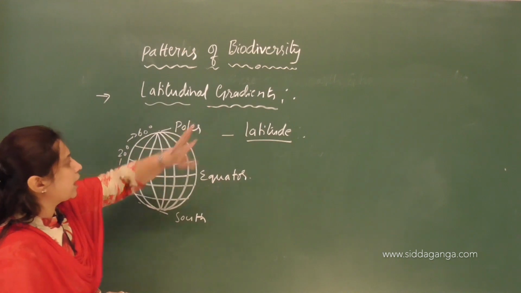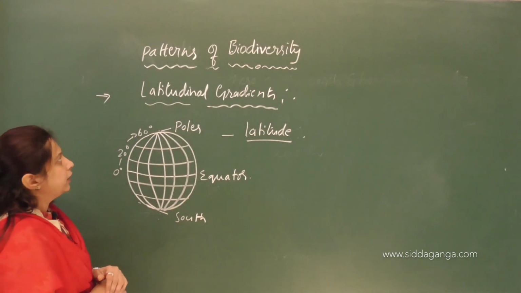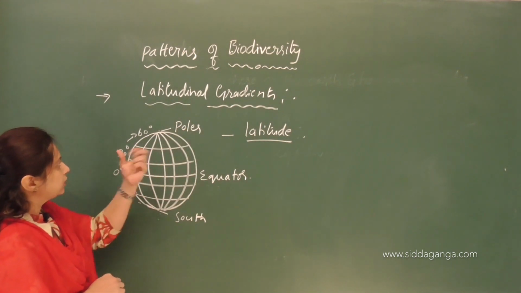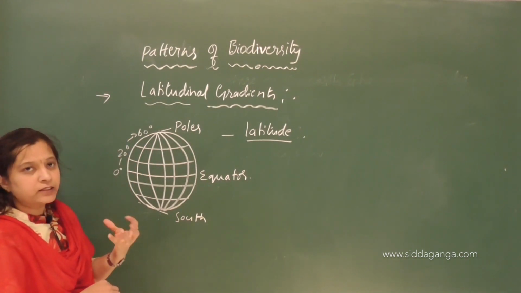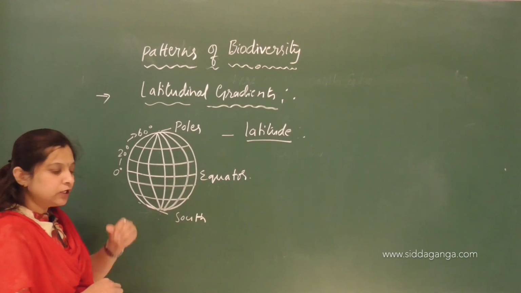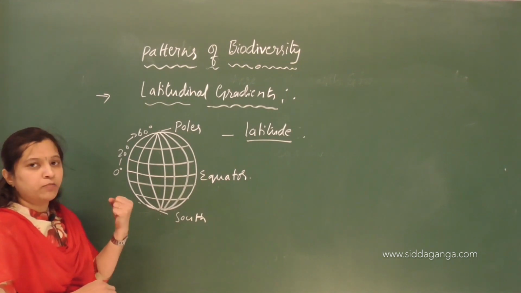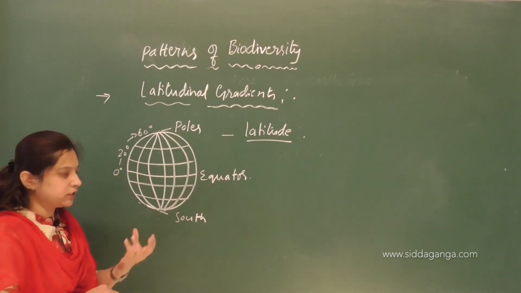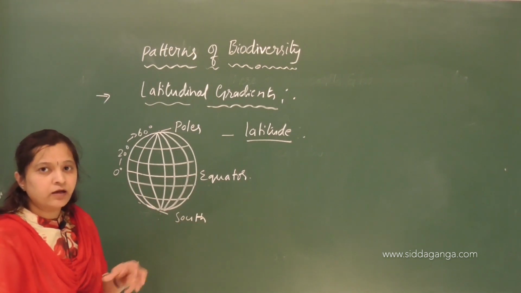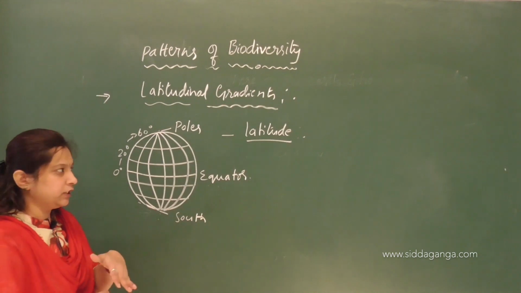So we'll come to the actual topic. This is one factor that defines the patterns of biodiversity. That means why some areas have more species and why some areas have fewer species.